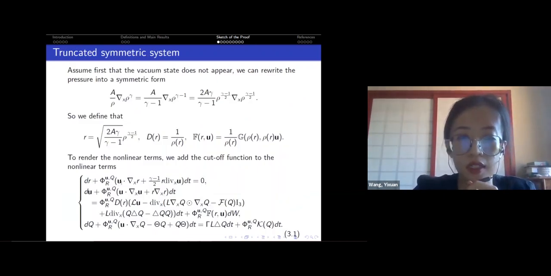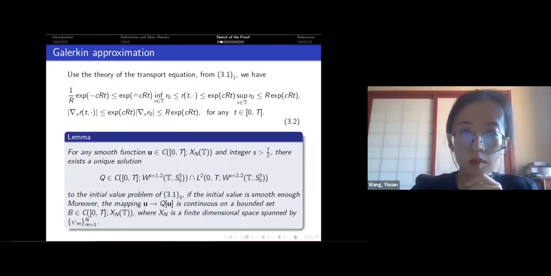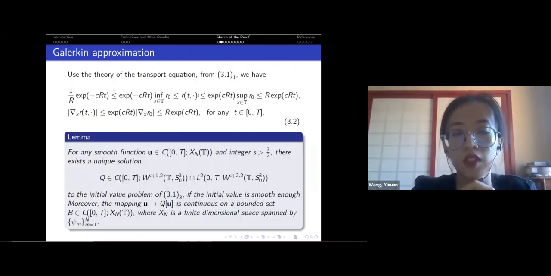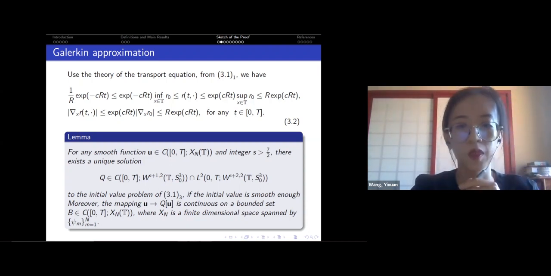If we are given that the W^{s,∞} norm of u is bounded, that is, u is bounded and the divergence of u is bounded by capital R, then by using transport equation theory, we say this r is bounded both from above and below, and these bounds depend on capital R, given that the initial value for r is bounded. Also, the gradient of r is bounded, with the bound depending on capital R.